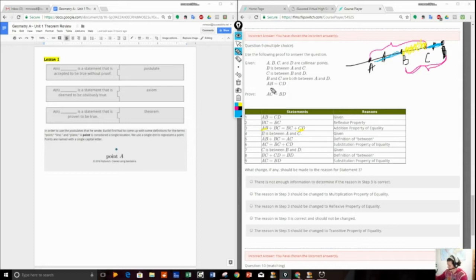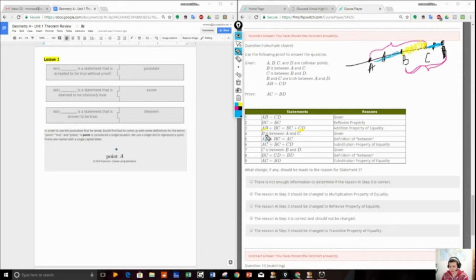So B is between A and C, given. AB plus BC equals AC, definition of between. Okay, and then AC is equal to BC plus CD, substitution property of equality. So where did they substitute?